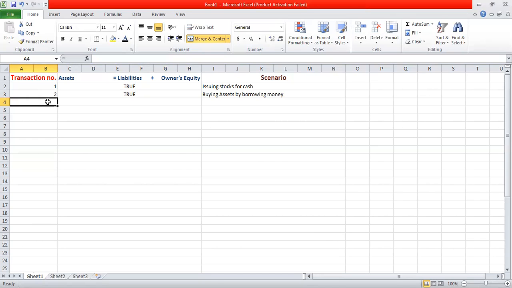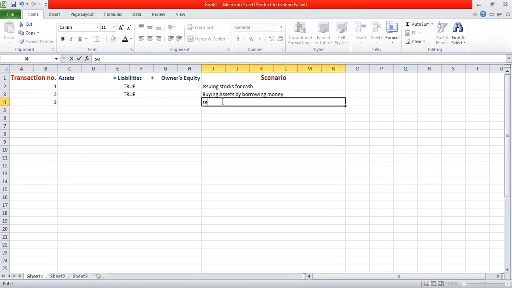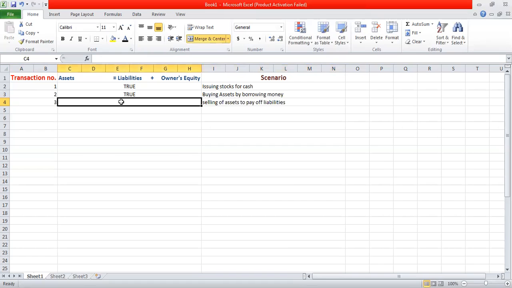In this scenario, both the assets and liabilities are reduced. Assets are reduced by rupees 900.